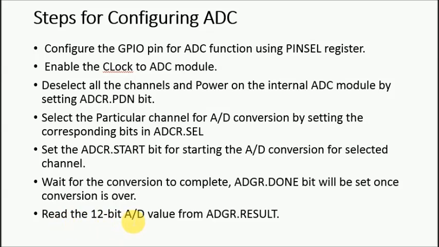Then read the 12-bit ADC value from ADGR.RESULT. So remember the registers: first the PINSEL register, then ADCR.PDN, ADCR.SEL, ADCR.START, ADGR.DONE, and ADGR.RESULT. Remember these registers, as they are used for configuring the ADC.